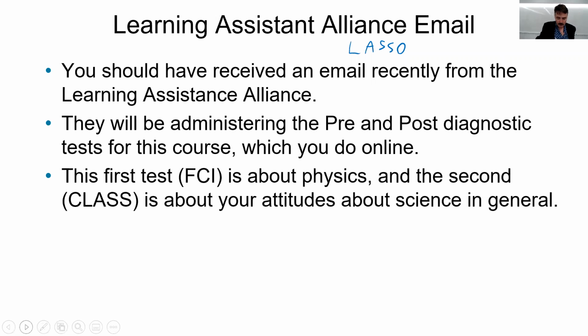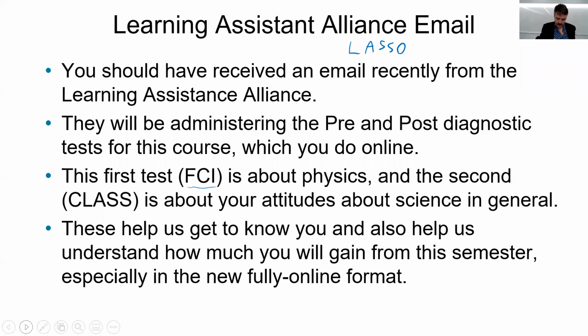So there was a pre-test, which was two tests. One is the Force Concept Inventory about physics, 30 physics questions, and then the other one's called CLASS. It's about learning attitudes in science, more of a survey about whether you agree or disagree with certain statements. Now you're doing the post-test.